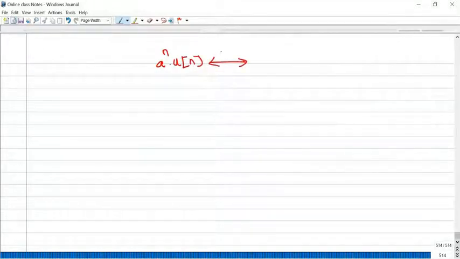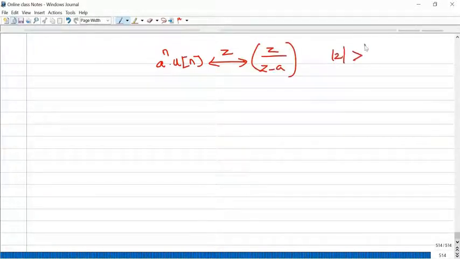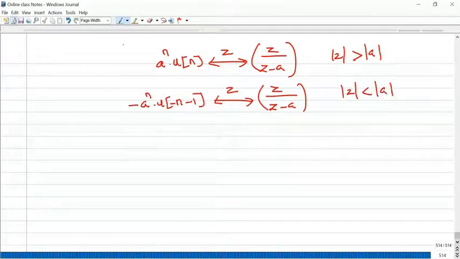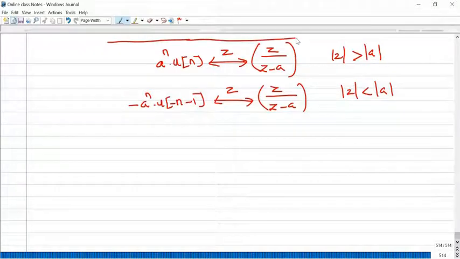A power n U of n, Z transform is Z divided by Z minus a, ROC greater than a. Minus a power n U of minus n minus 1, Z transform result is Z divided by Z minus a. These two are the fundamental formulas.